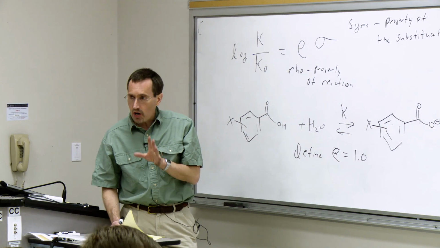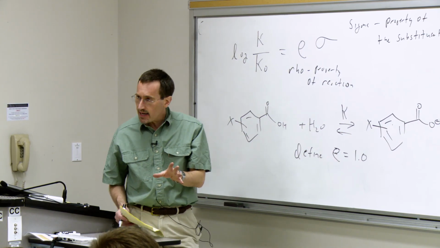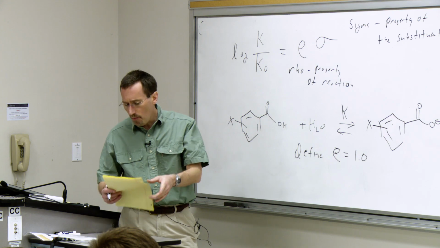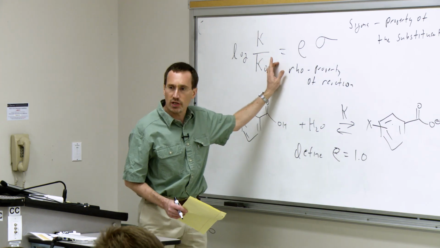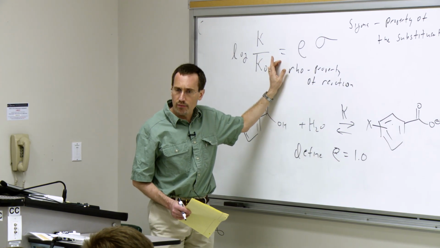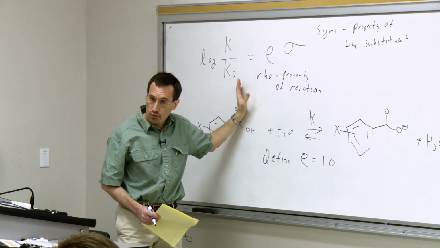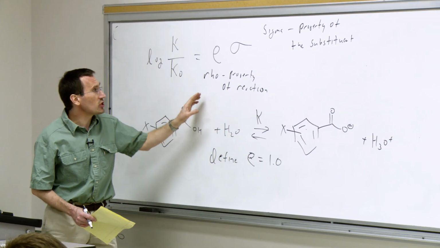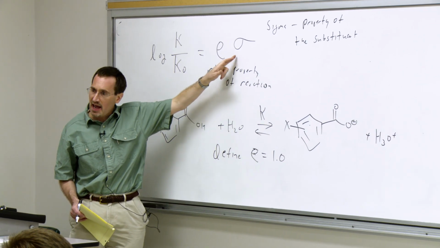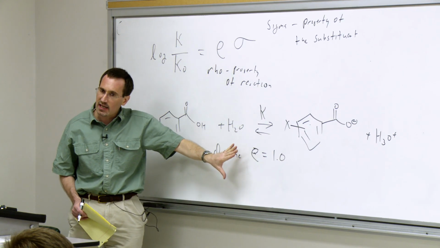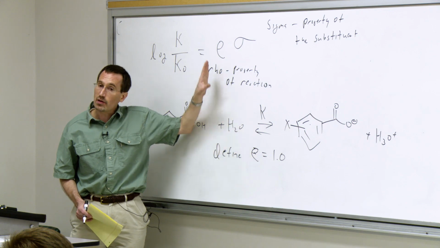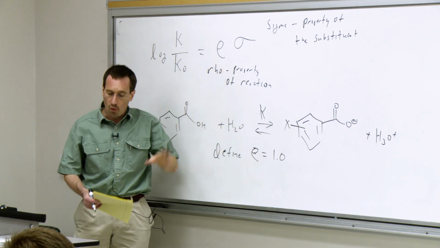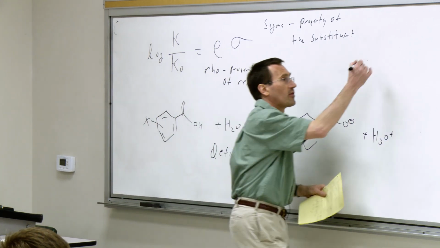And what we can correlate it with is pretty amazing, because for a whole bunch of different reactions, both equilibria and rate reactions, you see a linear relationship between sigma, now defined from the acidity of the acid, and the equilibrium constant or the rate constant for the reaction.